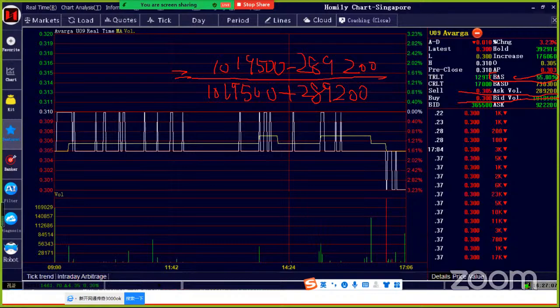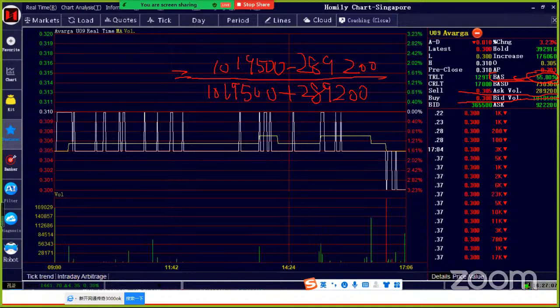So you will get about 55.80. So you will see the buy volume is actually more than the sell volume at the moment.